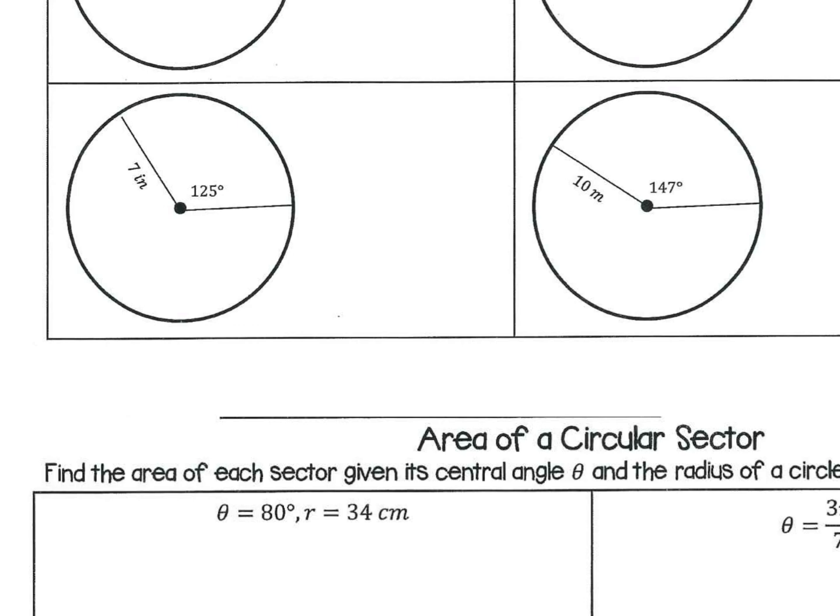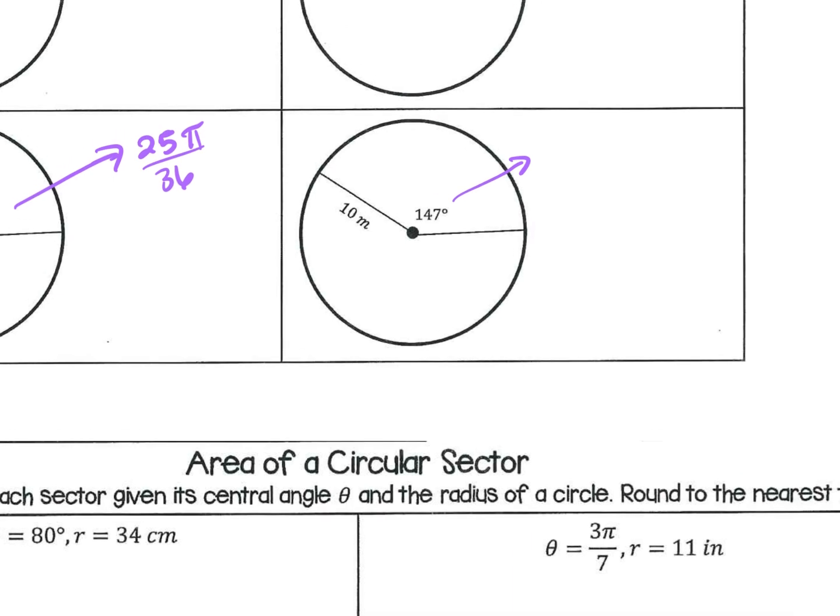Dina, what do we get for that? Okay, so 25 pi over 36. And here, that 147 degrees, Alex, what do we get? Okay, good, 49 pi over 60.